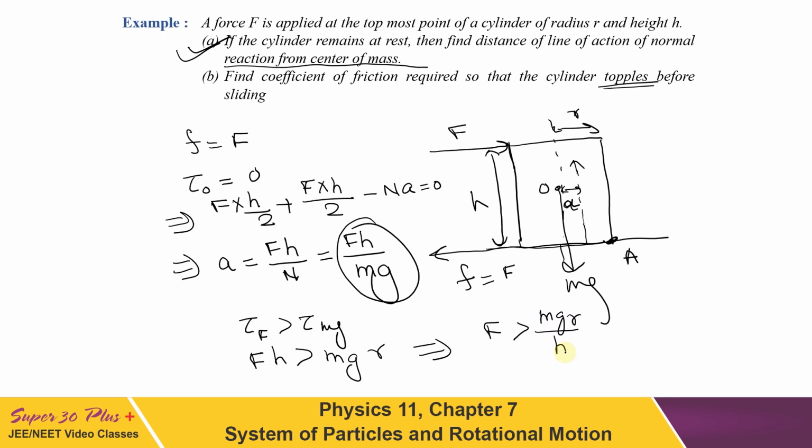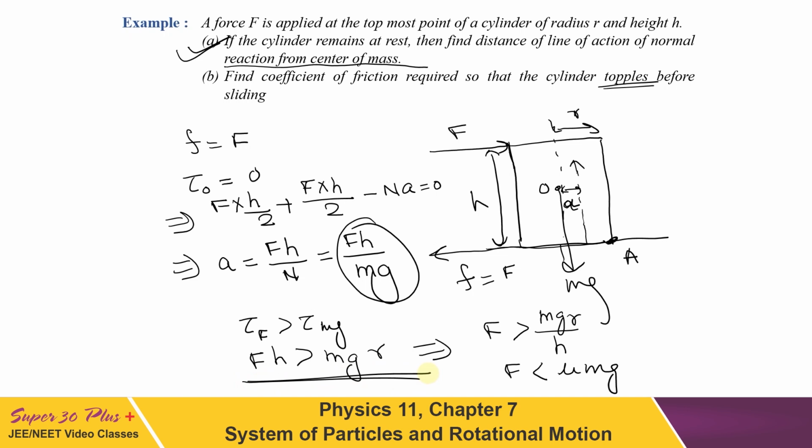Now if it is to avoid sliding, F should be less than mu mg, because if external force is less than the limiting friction force, it cannot start sliding. So now we have both the conditions. For toppling it has to be F greater than mgr by h, and for sliding it has to be less than mu mg.